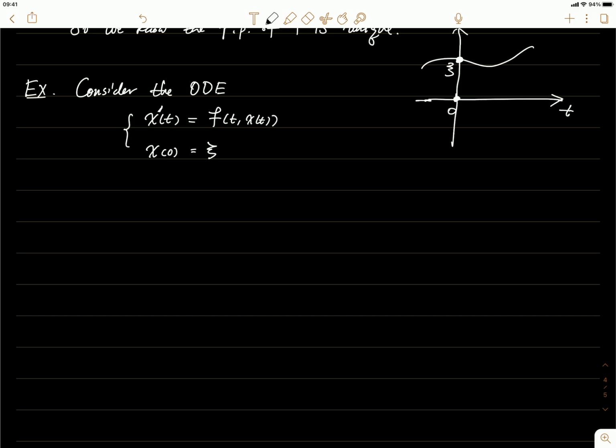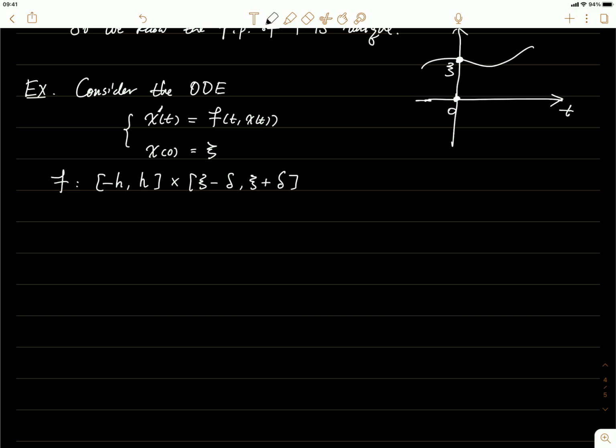let's say that the function f is a mapping from, we're interested in the domain where t is near 0, from negative h to h times c minus delta to c plus delta.